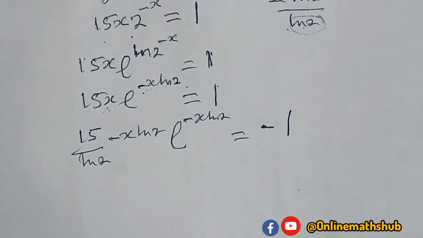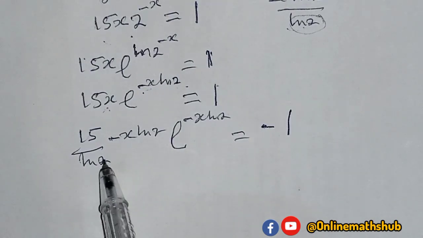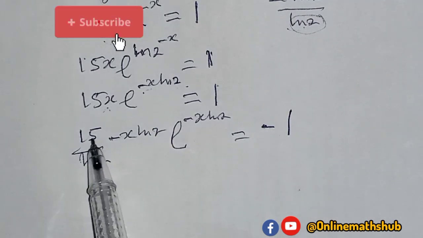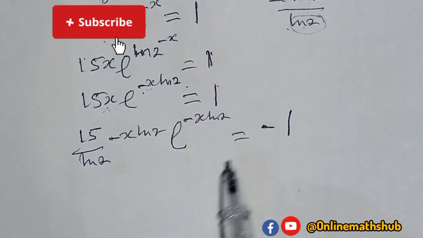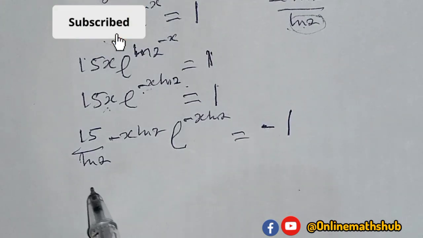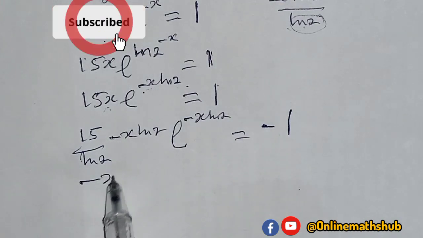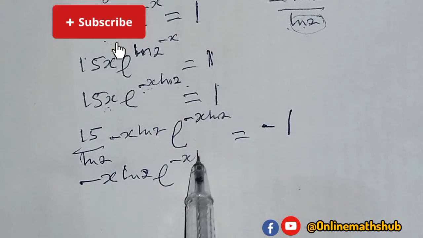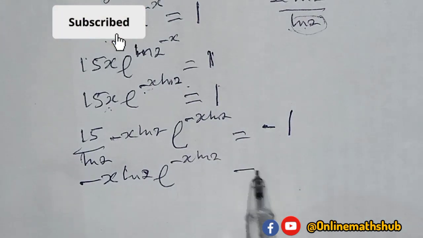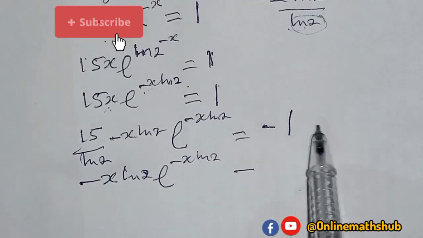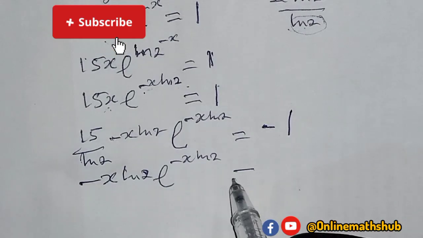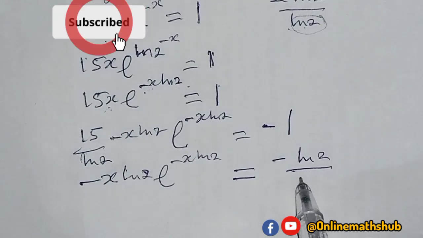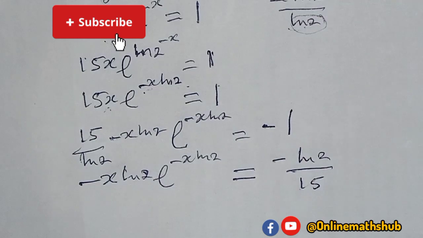Okay, so this is what I have at this point, and I want to move this one to the other side, so I'm going to divide through by 15 divided by ln 2, and if I do that, this is going to be cleared from here, and I'm left with minus x ln 2 exponential minus x ln 2 is equal to minus ln 2 divided by 15 right here.